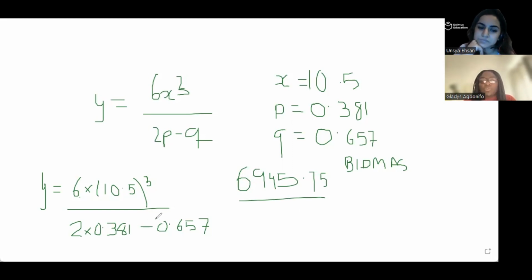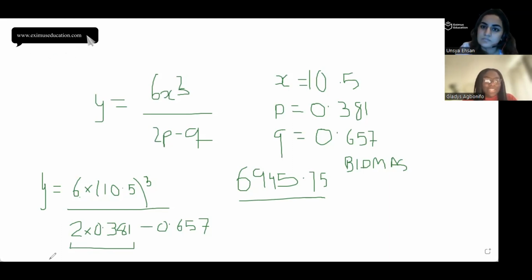So we know that subtracting is the last thing we're going to do. So we're not going to subtract those decimals just yet. But what we are going to do is times these two together because we know that multiplying goes before subtracting. So we will do 2 times 0.381, and that equals 0.762.